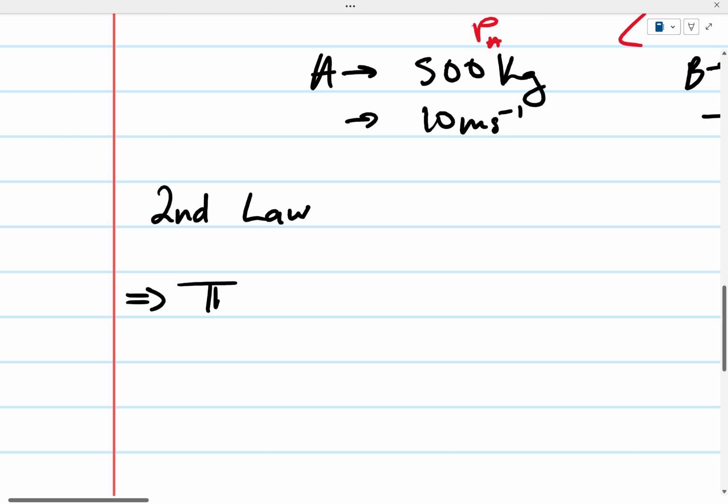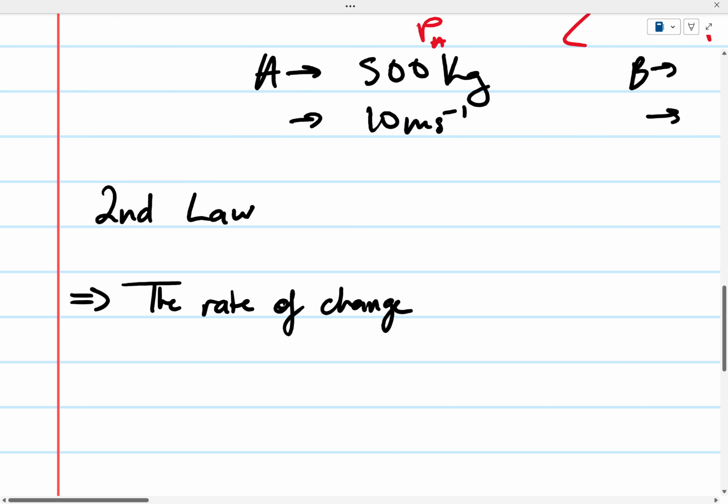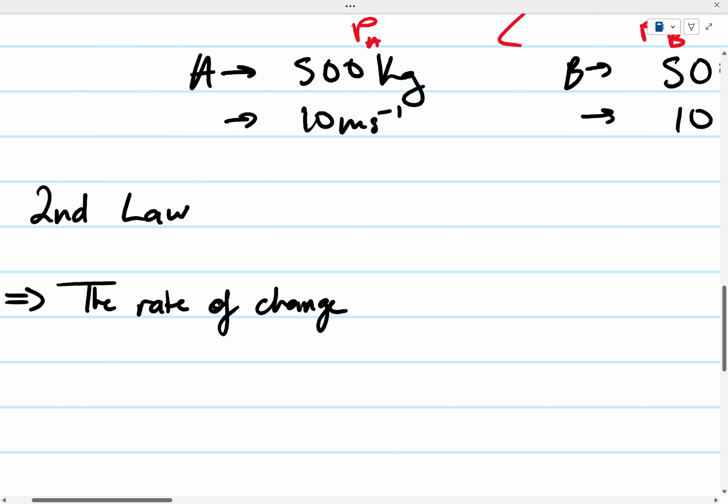So it speaks to the rate of change of momentum.